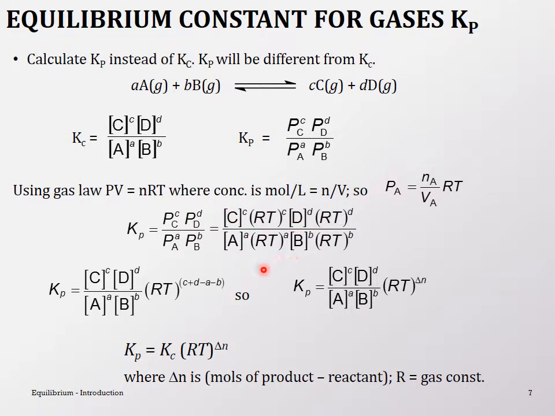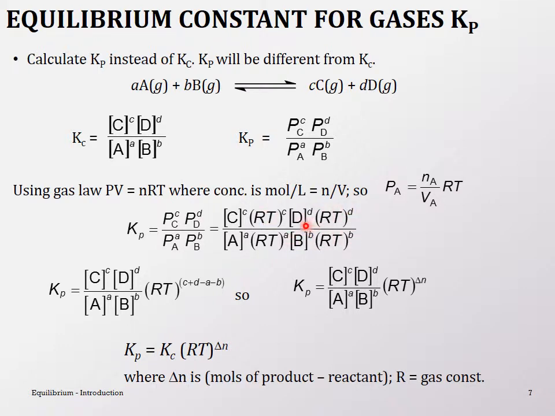Okay, just a little bit. So then what happens? Kp is equal to all of these concentrations, which you have here, times RT, raised to the power of c plus d minus a minus b. Remember, you have to raise everything to the power of c or d or a or b. So here you take out all your RTs, and then you have c and d on the top and a and b at the bottom.